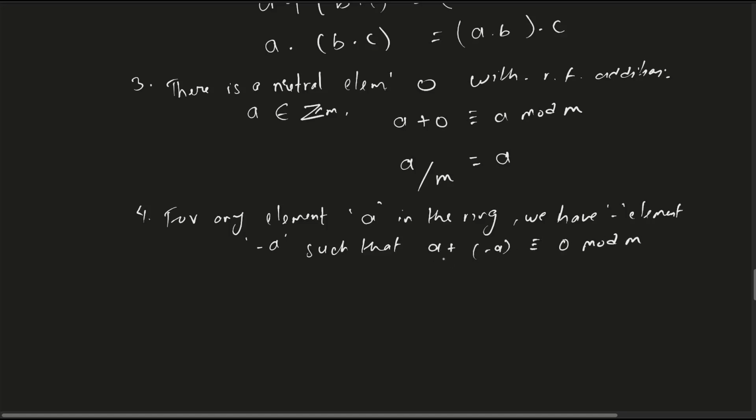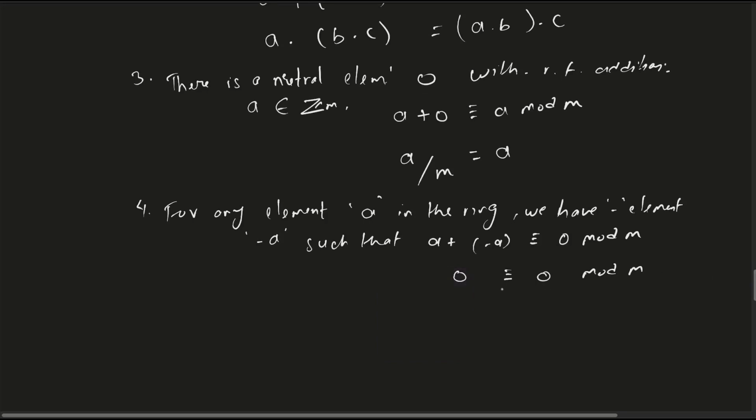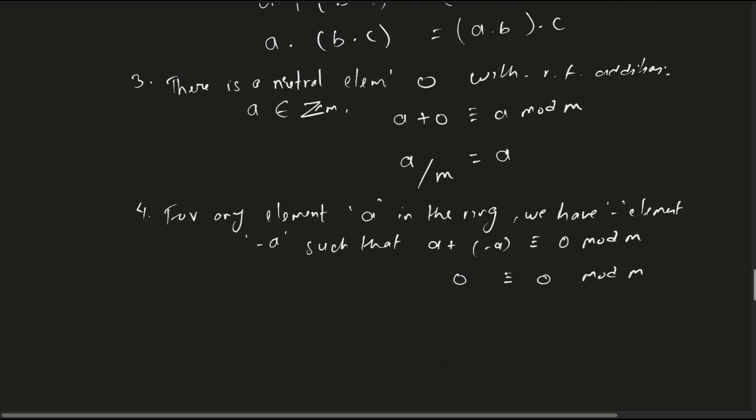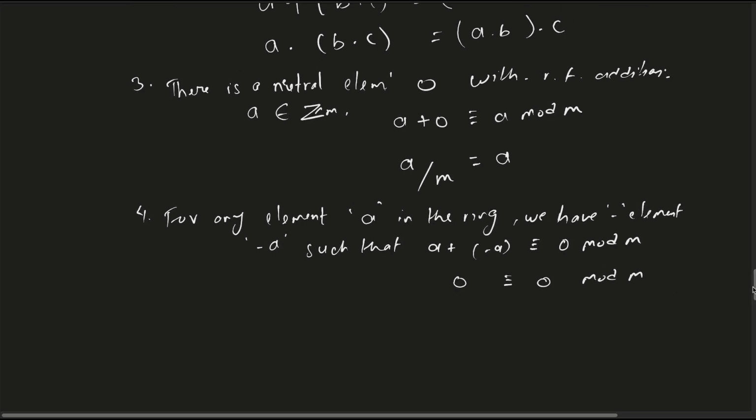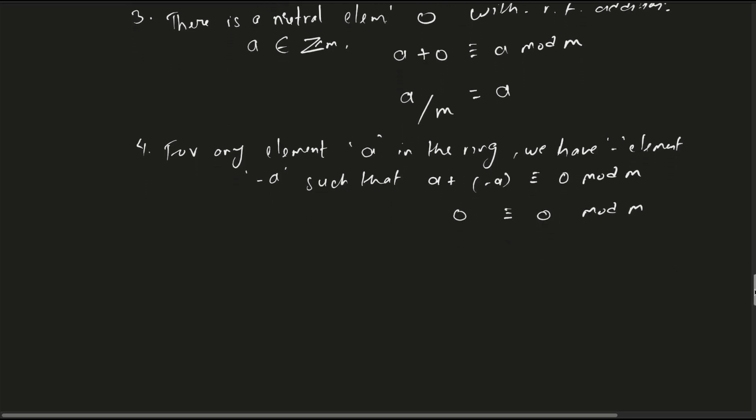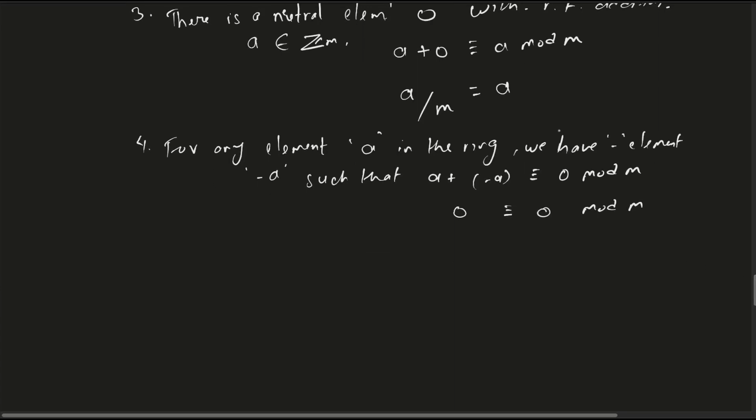And rightfully so, we're talking about 0 being equivalent to 0 mod M. Well, when 0 is divided by M, we get 0 as the remainder as well. Now just like this addition, we'll also have another property for multiplication, which is similar. Only difference is, instead of 0, we'll have 1.